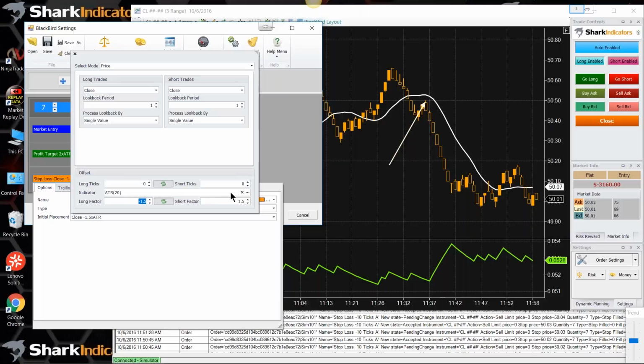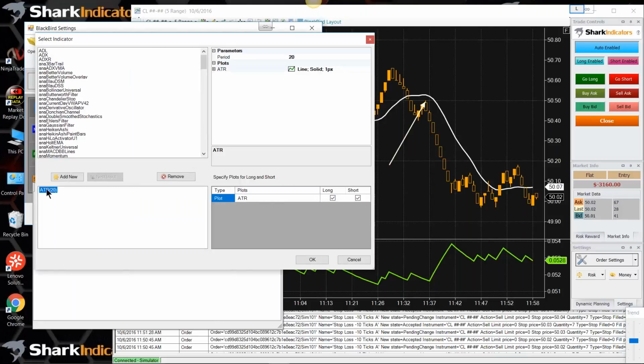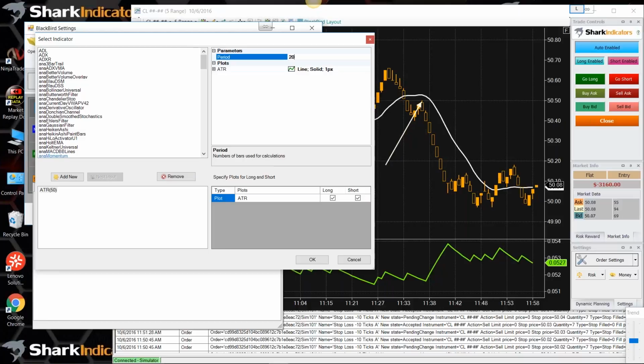If you want a longer period or a shorter period, you can just go in here, click the 3 dots, and you can see ATR is set to 20 period. So if you want to average out the volatility a little more, you could set your ATR up to 50 period, or if you want, you can set your ATR down to a 10 period, whatever suits your fancy there.